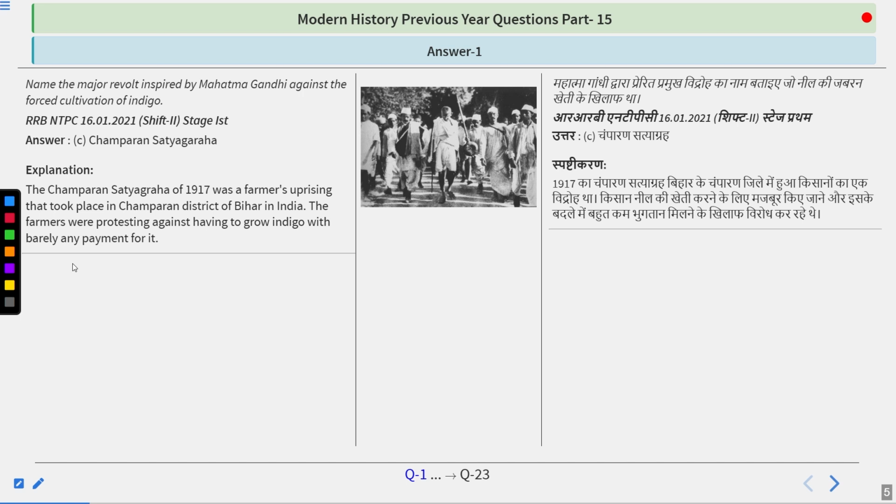So to stop this type of cultivation and this type of exploitation of peasants, the Champaran Satyagraha was brought. Gandhiji was invited to Champaran in Bihar, and he started this movement in 1917.